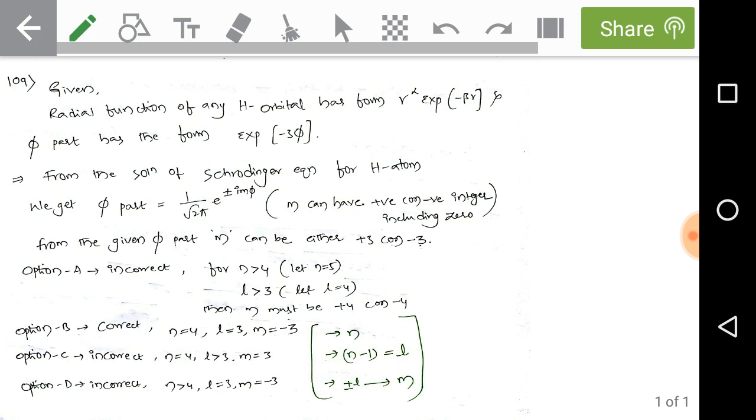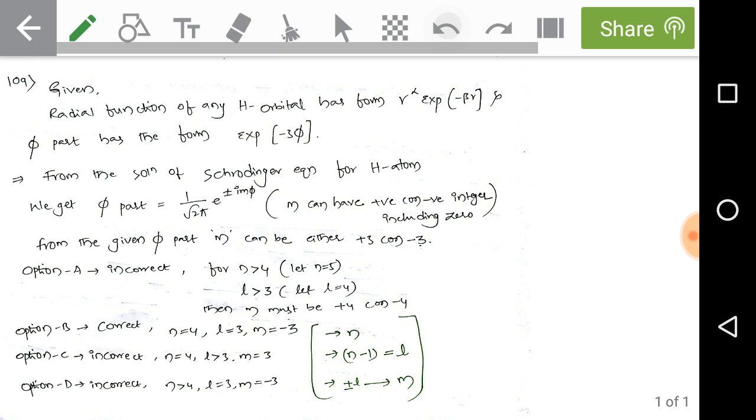Now from the given phi part, just observe that in the place of m we have minus 3, so simply 3, so that may be plus 3 or minus 3. Now just check option 1. In option 1 we are given that n is greater than 4, that means for example if we take n value as 5, that is the principal quantum number equals 5, but according to the given phi part, the l value must be plus 3 or minus 3, so simply its l value must be 3.